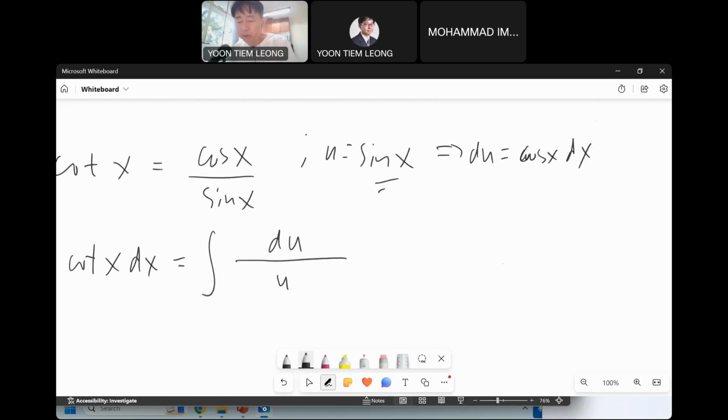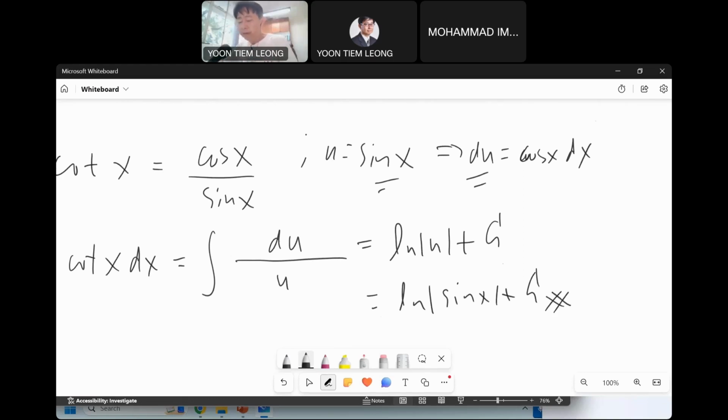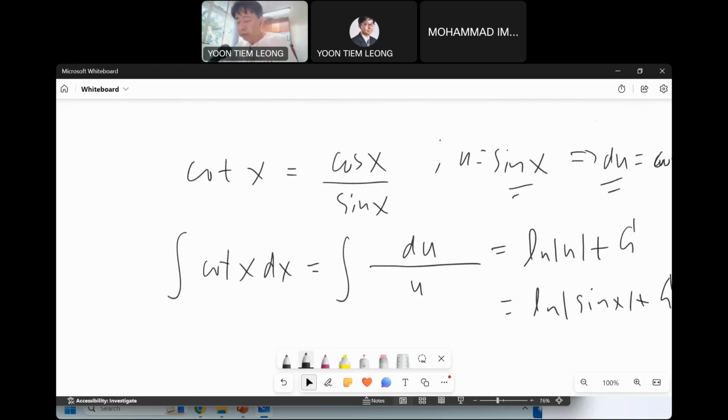The du is the differential of u, so this is easily expressed as log of the absolute value of u, which is log of the absolute value of sine x plus c. So that is the derivation of the antiderivative of cotangent x.